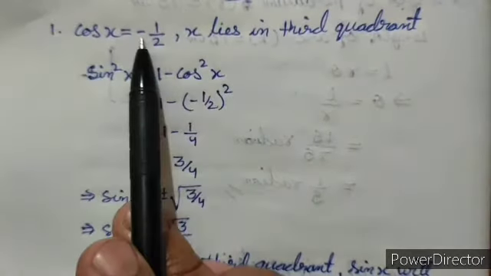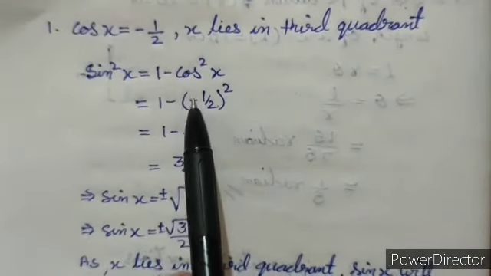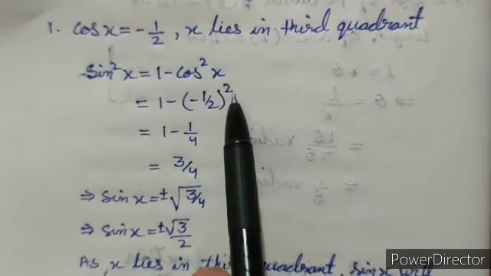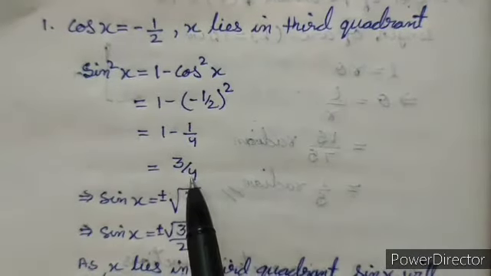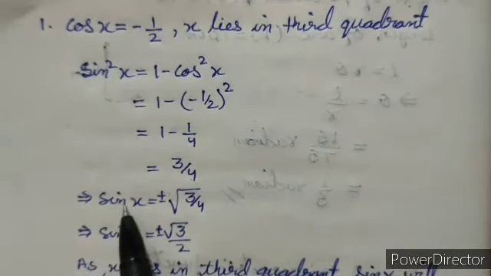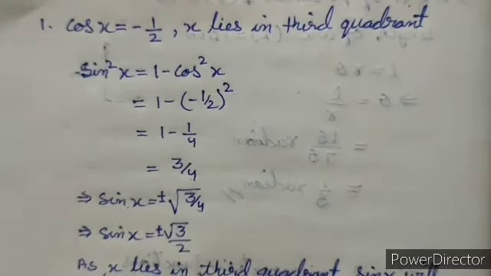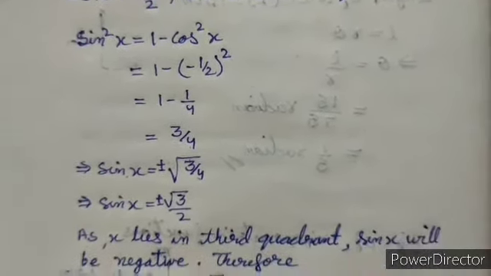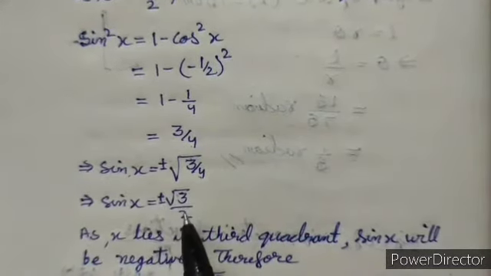Now value of cos x was given to us as minus 1 by 2. So cos square x will be minus 1 by 2 whole square. And this is giving us the value of sin square x as 3 by 4. Or we can say that sin x will be plus minus under root 3 by 4. The root of 4 is 2. So we can say that sin x will be equal to plus minus under root 3 by 2.